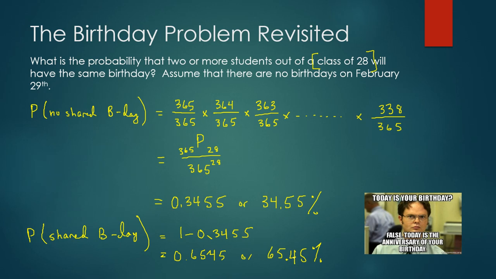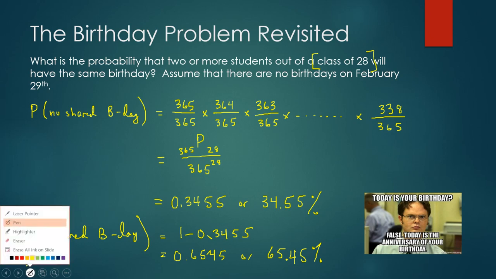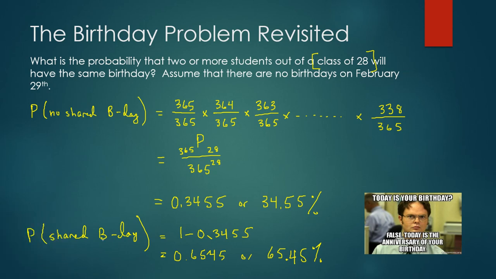So I thought it would be good to revisit the birthday problem because we can now think about it in terms of organized counting and permutations. I'm going to switch colors here just to illustrate something. Maybe I'll try this bright purple. So if we were to redo this question, and let's say you want to do it for a class of 30, well, you wouldn't have to keep resetting this up.